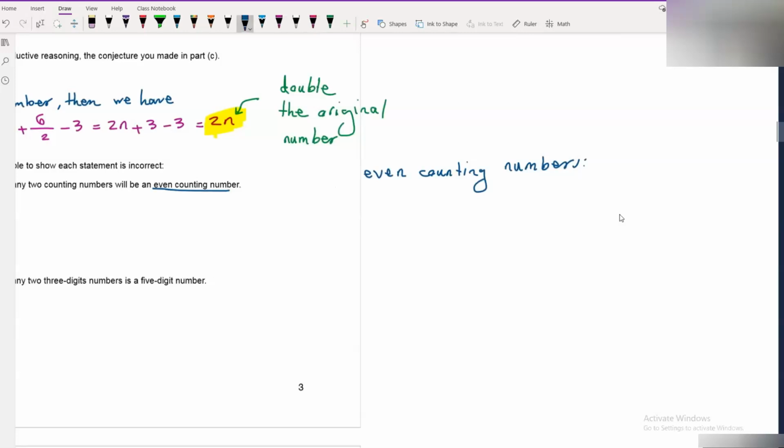So even counting numbers or even natural numbers, starting with 2, because 2 is even. 2 plus 2, 4, 4 plus 2, 6, 6 plus 2. So this is the pattern to find even natural numbers.